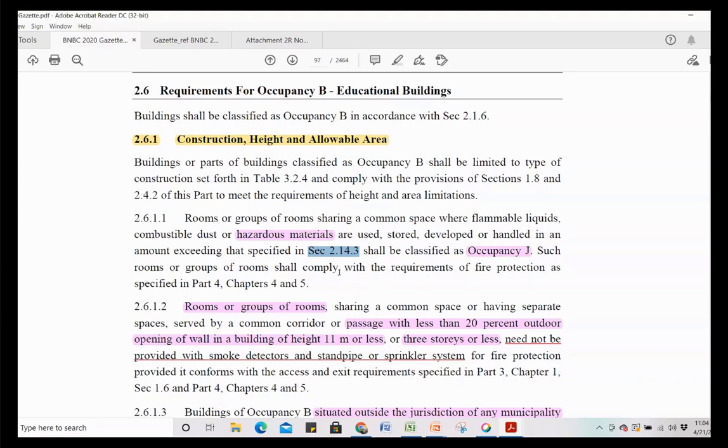But if it exceeds that amount, then it shall be classified as occupancy J, that is hazardous occupancy.